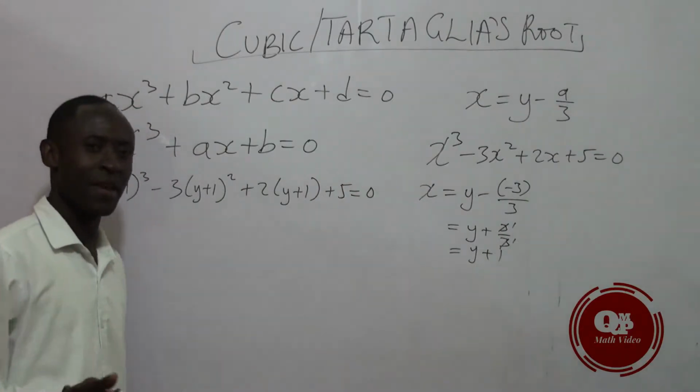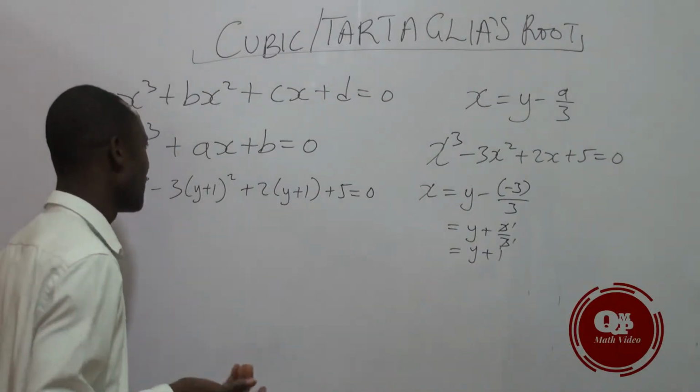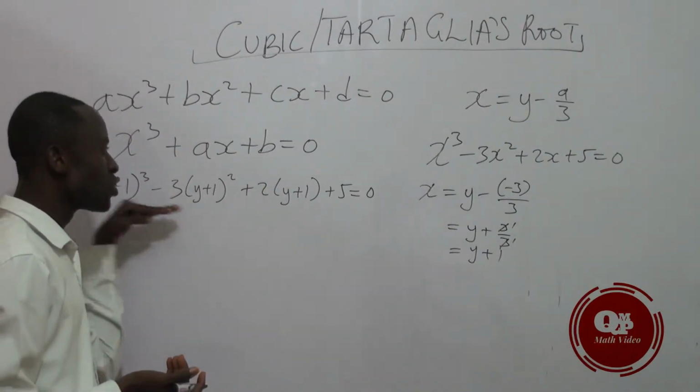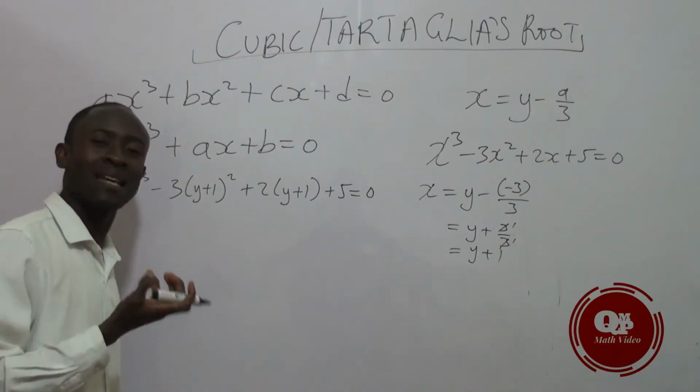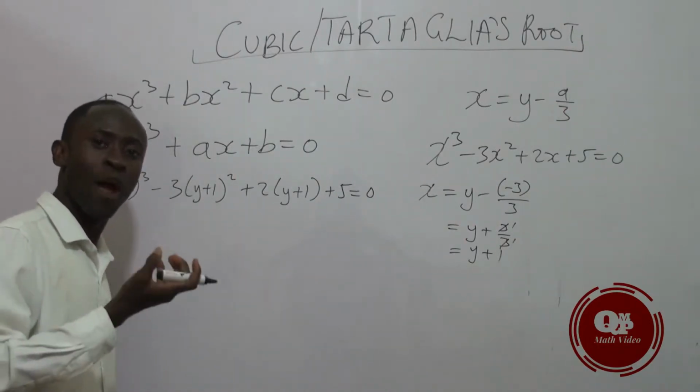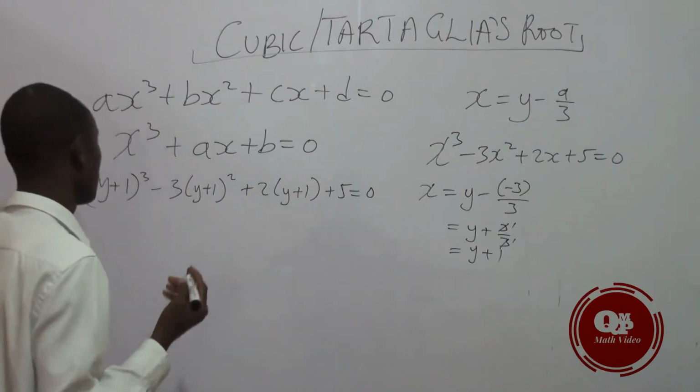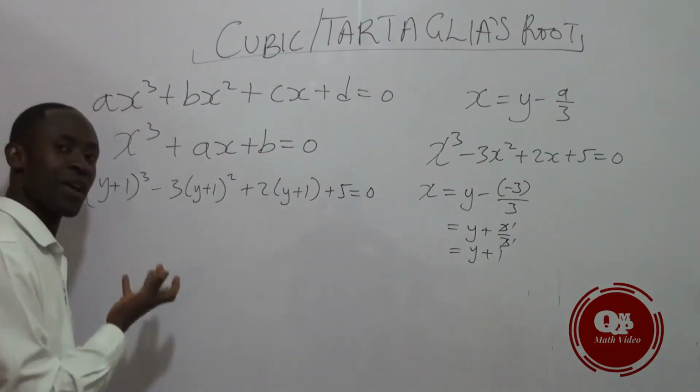If you remember, in my previous video, I gave you the method of obtaining the solution to this equation. Now, we have to apply Pascal's method of obtaining the coefficients to this. For that matter, we have 1, 3, 3, 1.